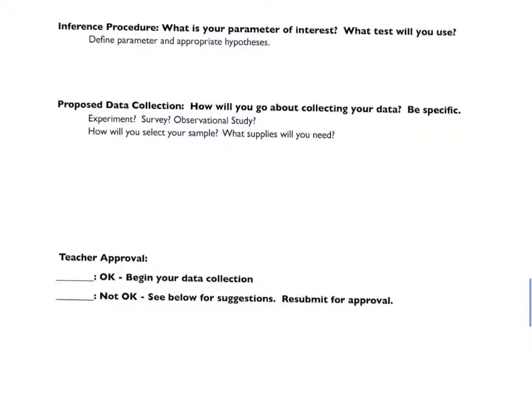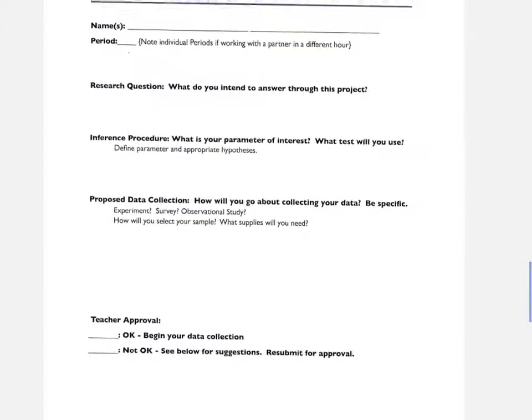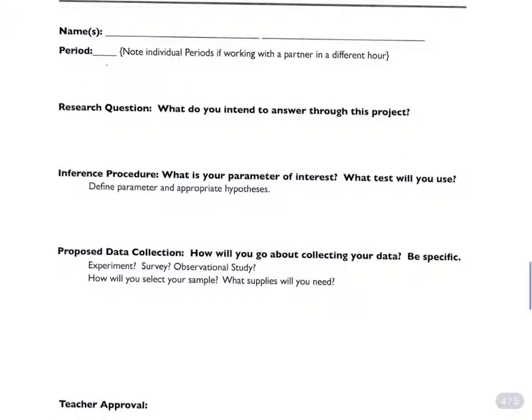So yeah, make sure that you spend time on this proposal and answering all those different parts. Again, there's really only 3 parts to it, so you should have plenty of time in class, especially with it being a long period today because of testing, to finish this, and then email it to me at the latest by the beginning of next class.